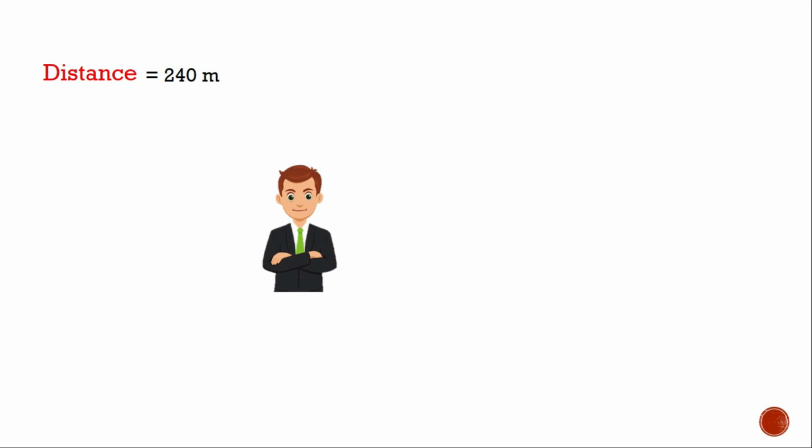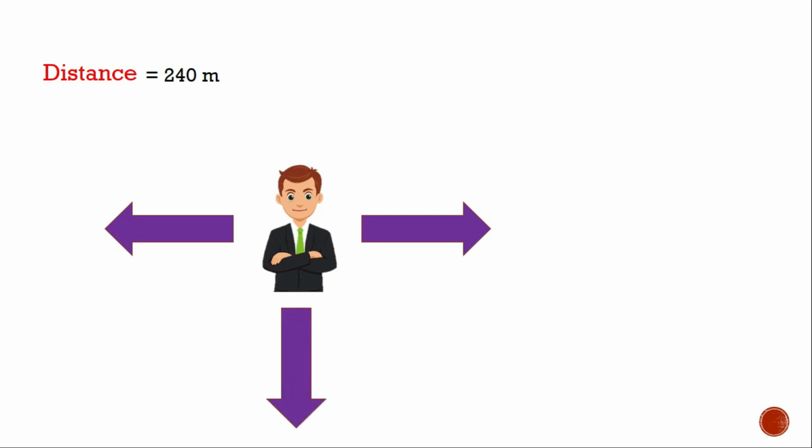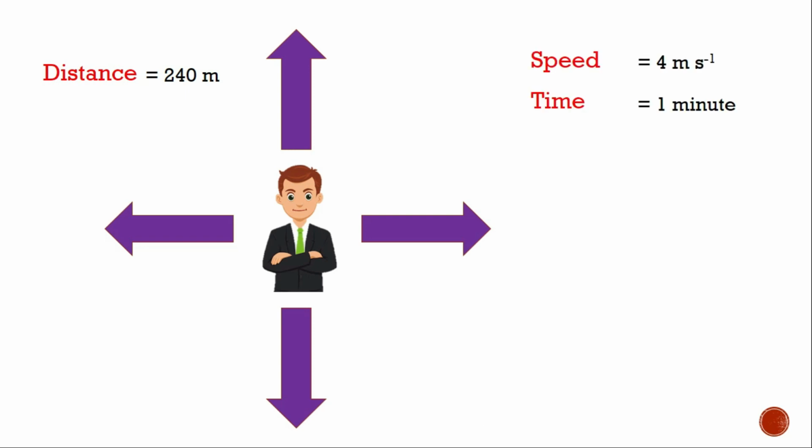But if I covered 240 meters from this point, can you tell my exact location? If I'm here, here, here, or here right now? Is this much amount of information of me telling my speed and the time I traveled enough to know my exact location?